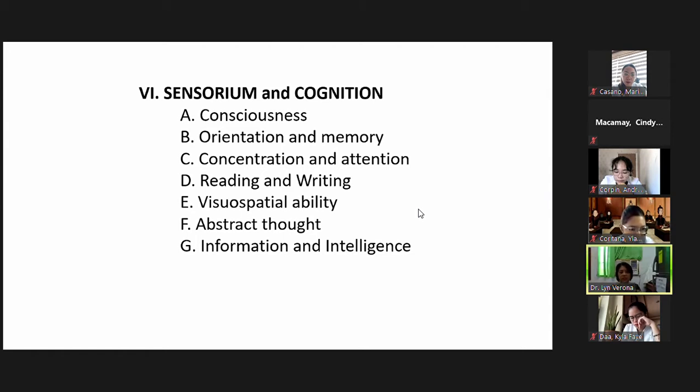Then under sensorium and cognition, you have your orientation and memory. Your orientation, you have to write there oriented to time, place, and person. But it's not that way, no? When you say oriented to time, of course, you have to write down what you asked from the patient.